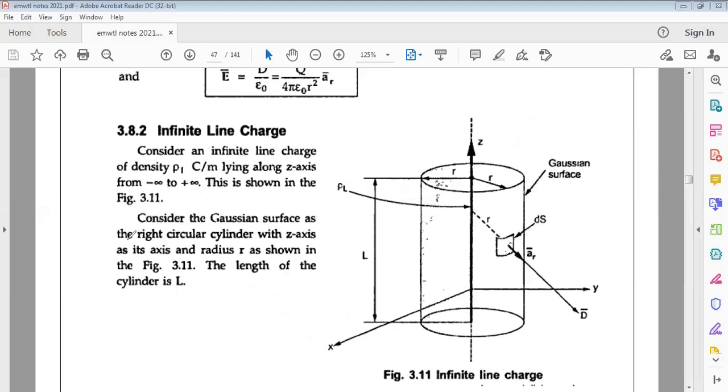Consider a Gaussian surface as a right circular cylinder with z-axis as its axis and radius r. The length of the cylinder is L, and rho L is the charge density on the z-axis.